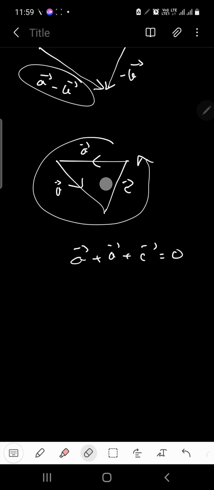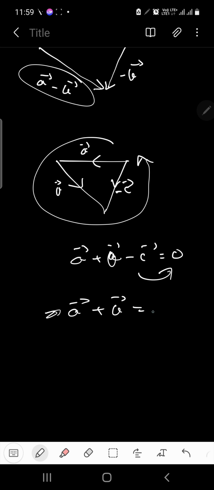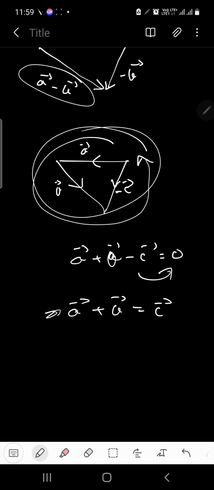Now if I change the direction of this one, so this becomes minus c vector, and if I put c vector here, then I get a vector plus b vector equals c vector. From here only this triangle law of addition has arisen. I guess it's clear. Clear?